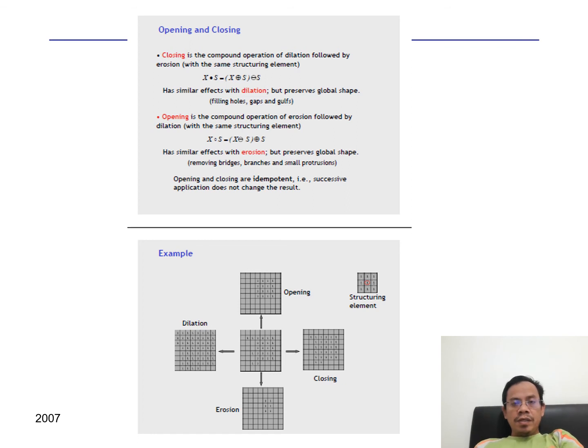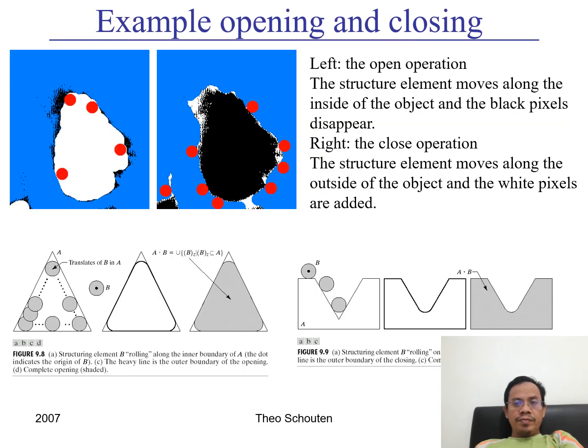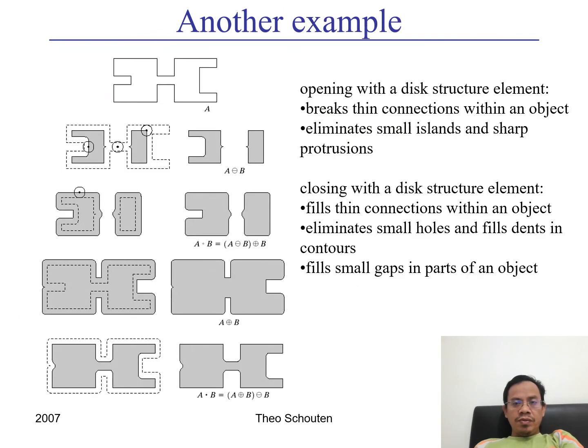Some images you cannot just perform dilation on, but you need to perform first dilation, then second erosion to get the output that we want. So we call it closing. Same goes for opening. So this is an example of opening and closing.